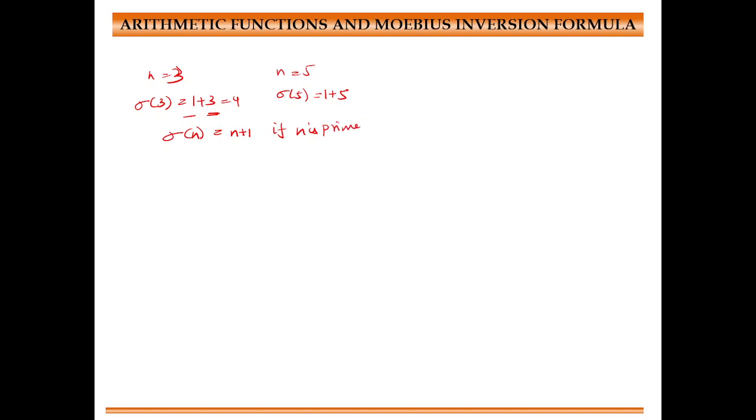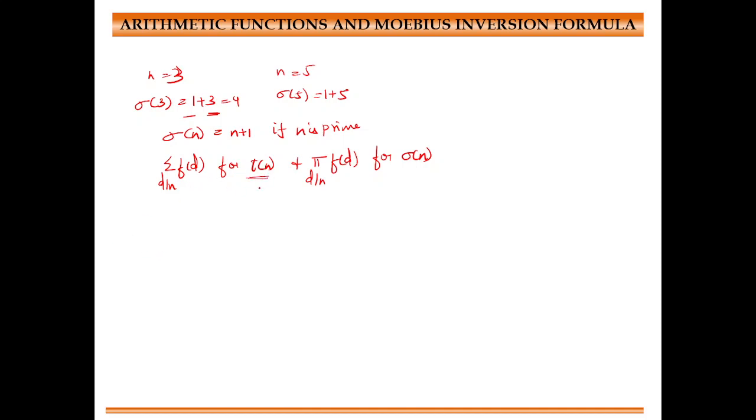Now we can use the symbols summation f of d, d divides n, for tau of n, and product f of d, d divides n, for sigma of n.